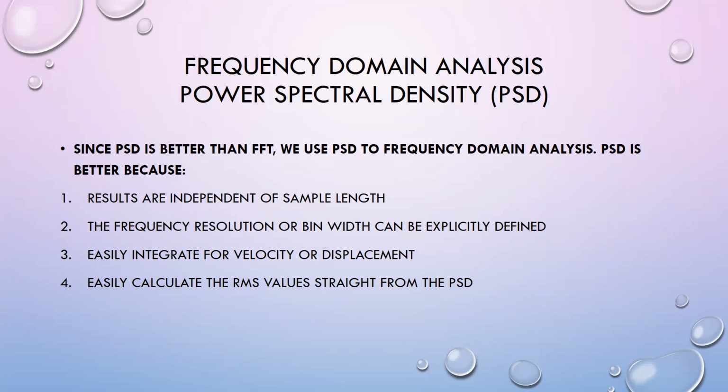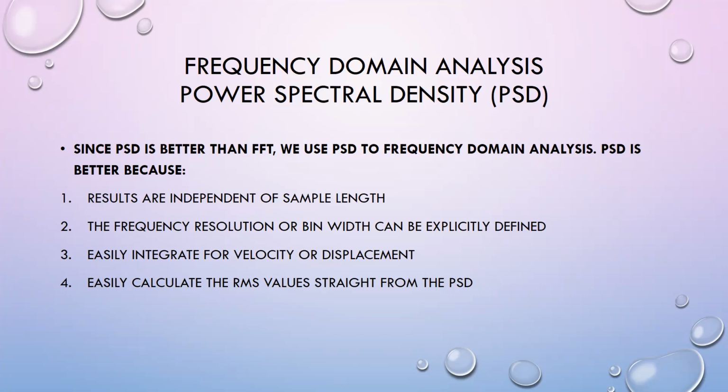I mean, for example, if you have a signal for 5 seconds and find the PSD, and again you do the PSD and extract the result for a signal with, for example, 15 seconds, the results must be the same, and the length of the signal does not have any effect on your results.